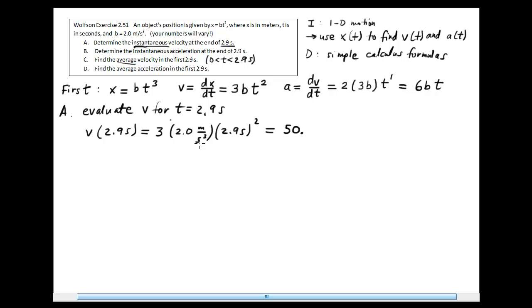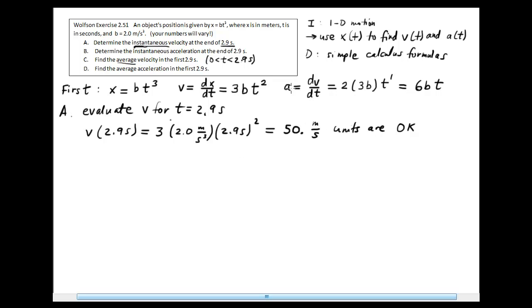We have meters per second cubed times seconds squared, so we have meters per second. And the only thing we can do as far as assessing this is look at the units. The units are okay, because we're trying to calculate a velocity, and we got a velocity in meters per second. That makes sense.